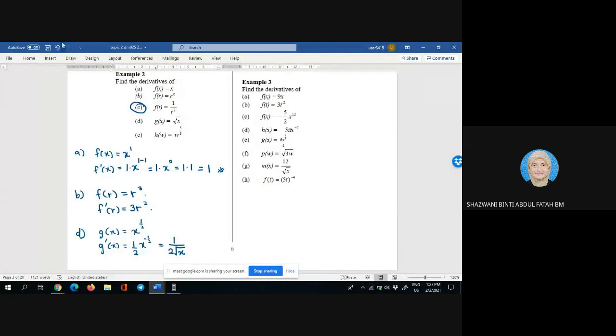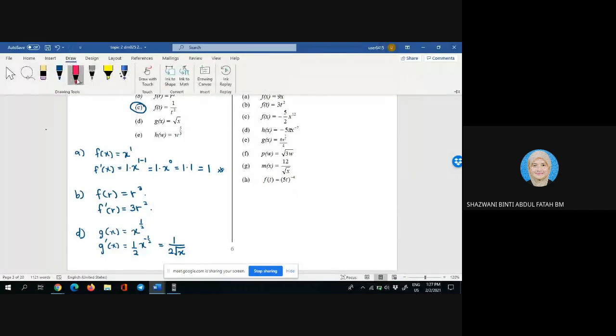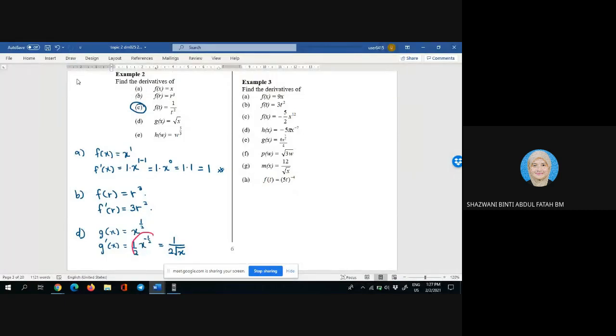Sebab cikgu perasan sometimes you all confused bila yang ini nak tukar bentuk dia, tak sure. Ada yang buat tiba-tiba jadi ni. Ataupun ada juga yang buat 1/2 over root x. Okay, so kita tengok dah dekat sini, 2 tu dekat bawah, so tulis je dekat bawah. So x yang ada negatif tu kita tulis di sebelahnya.